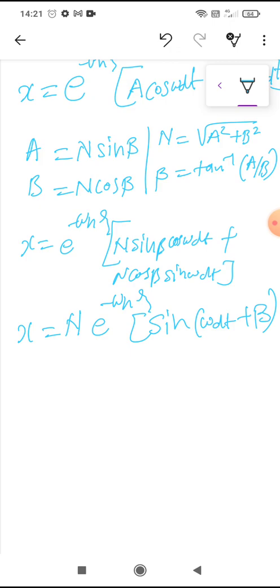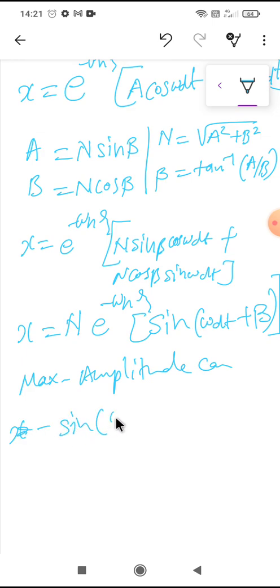And now we want to find when the maximum amplitude can occur. The maximum amplitude can occur when this term is equal to 1, that is sin of omega d t plus beta is equal to 1. Now what is the physical significance of the terms n and beta?